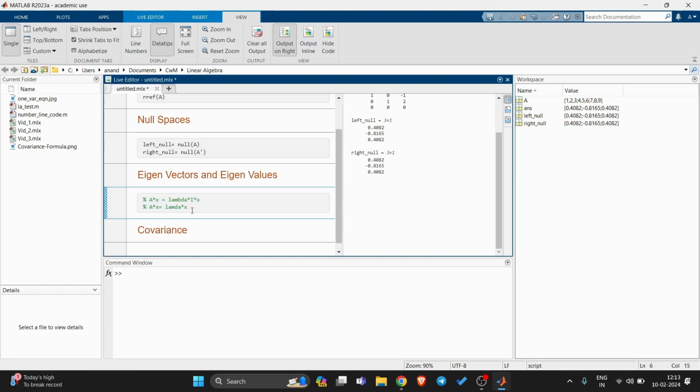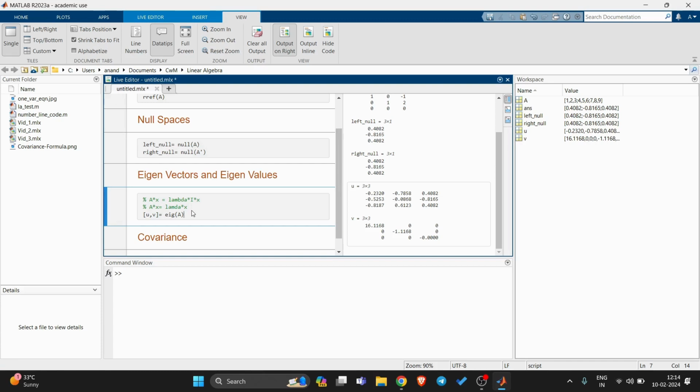So when I type U, comma V, equals eig of A, this command returns two matrices which contain the eigenvectors and eigenvalues of the matrix.